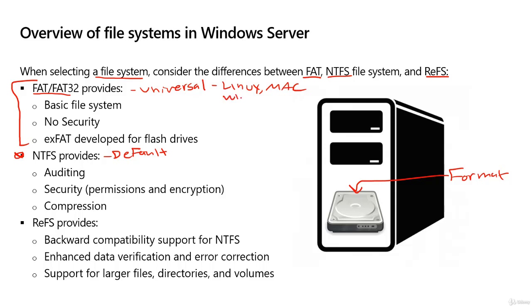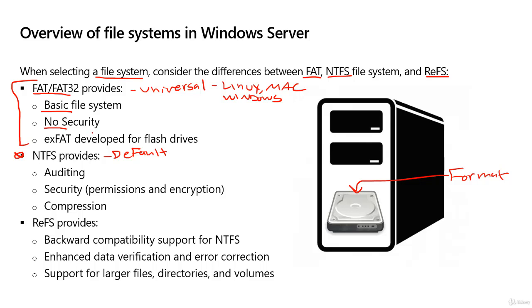And well, Windows naturally goes in that list as well. So a universal file system. But it is considered very basic because it has no real benefits to it. There is no security, meaning if you format a drive with FAT, there is no way you can control who can access files and folders on it.